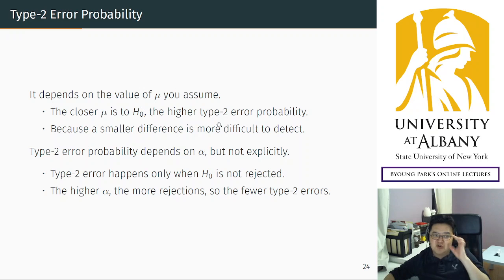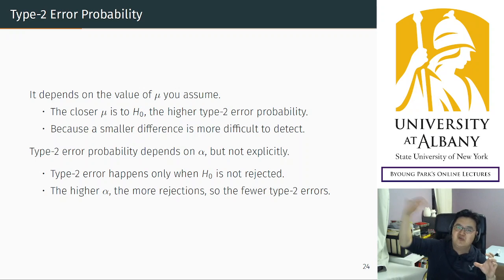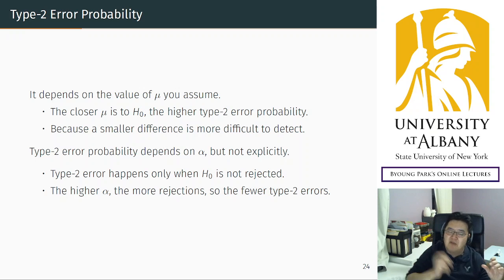And the intuition here is that type 2 error probability will increase as the value you assume is similar to your null hypothesis. So for example, the correct dose is 81 milligram. And suppose that there are two fake drugs. One has an amount of 82 milligram, and the other has an amount of 100 milligram.